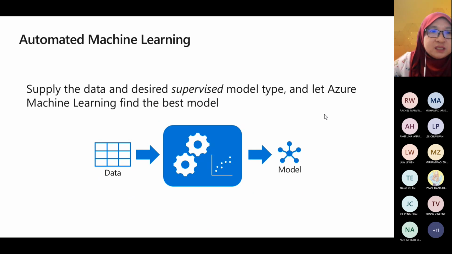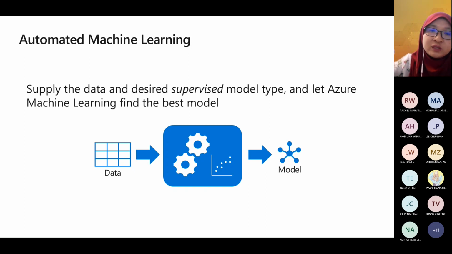For automated machine learning, Azure actually provides the easiest way to train machine learning models for regression or classification. For example, forecasting is really a regression with a time series element.